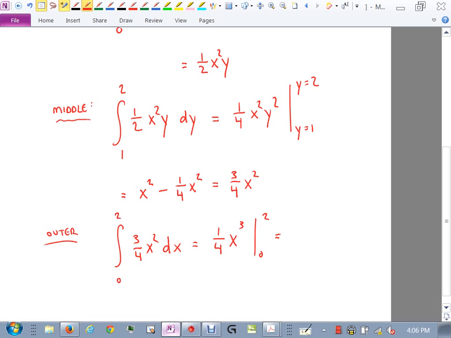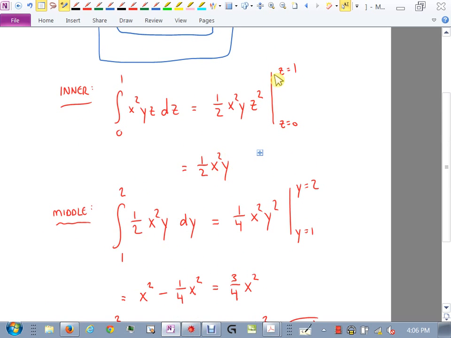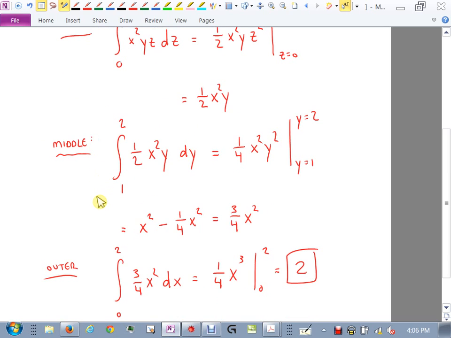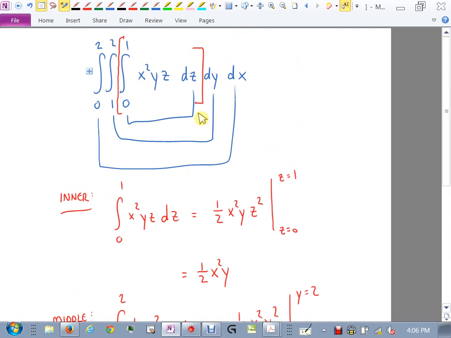Plug in 2, you get what? 2, and then plug in 0, you get 0, so the answer is 2. Any questions? The main thing I wanted you to see there is just, again, keeping track of what's being replaced with what. The fact that you could go inner, then middle, then outer, instead of trying to do it all at the same time.